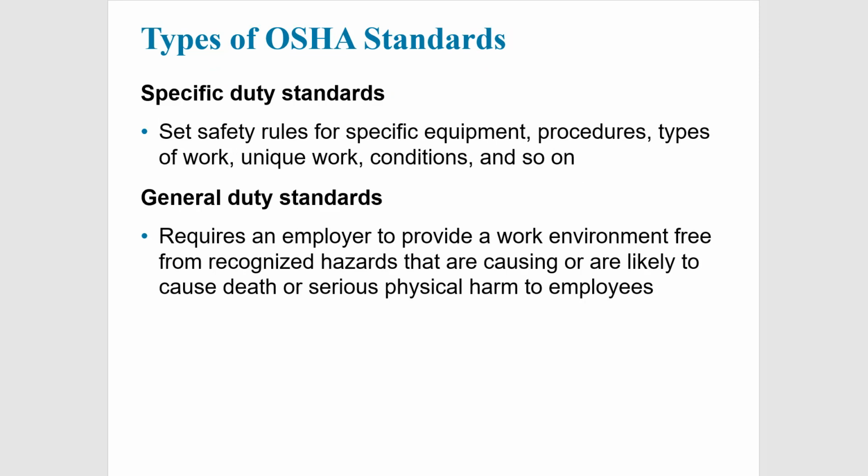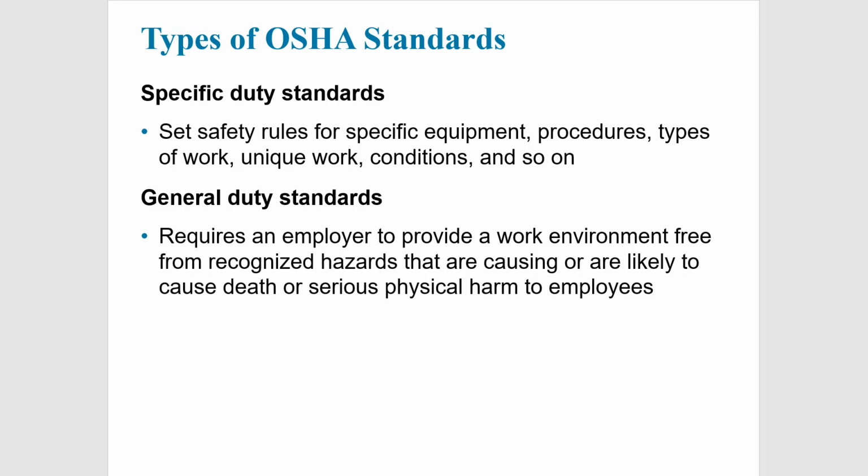Okay, so there's two types of OSHA standards. One is specific duty standards. So now we're looking at very specific jobs, specific procedures, maybe even specific types of machinery, unique work conditions, and saying, well, in these specific circumstances, here's what you have to do to maintain a safe working environment.